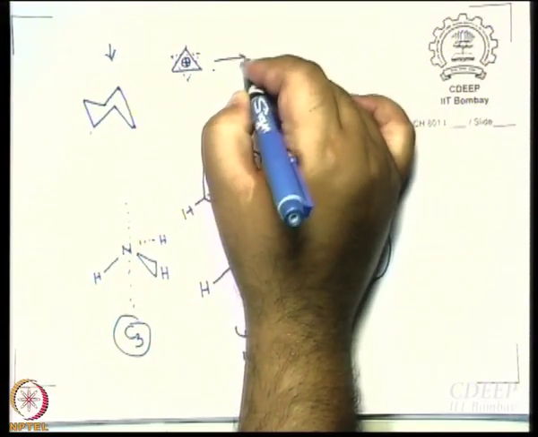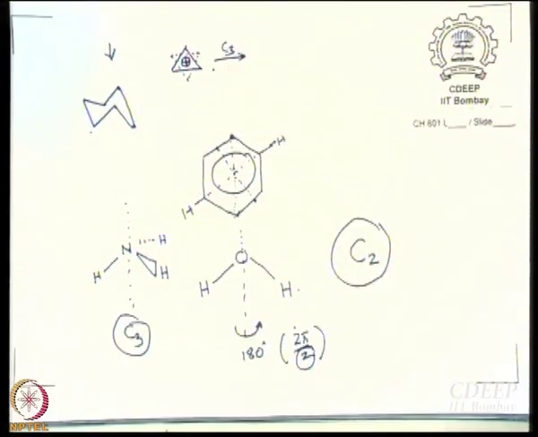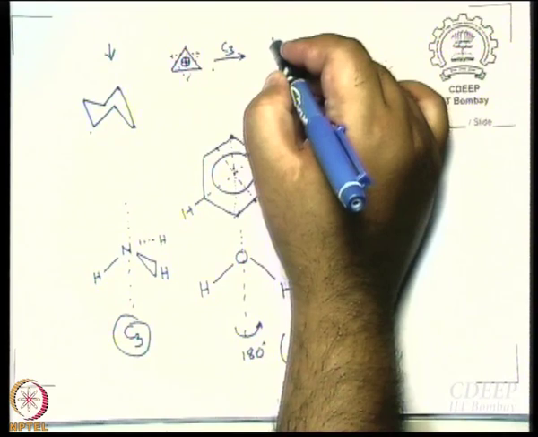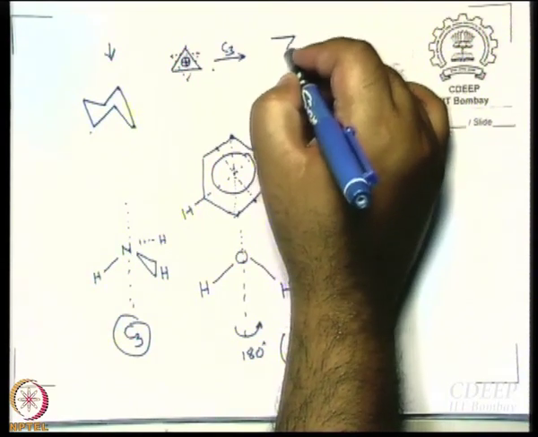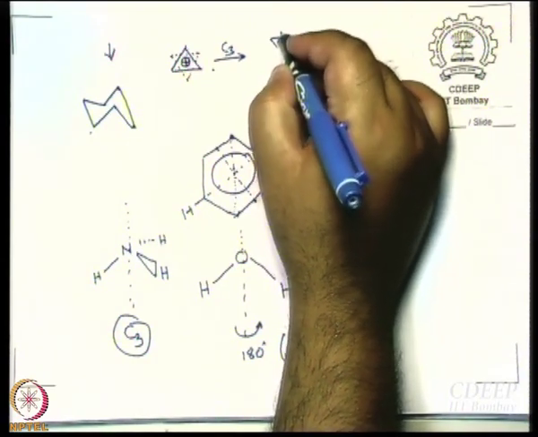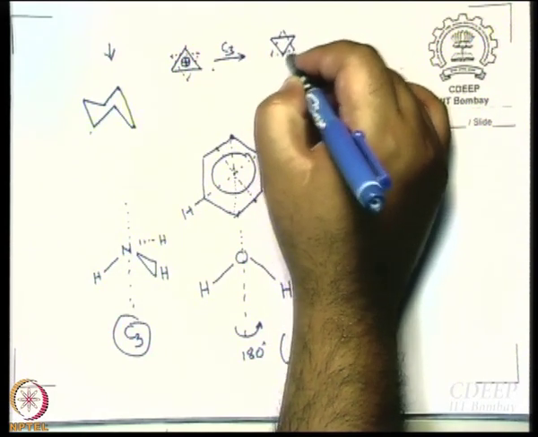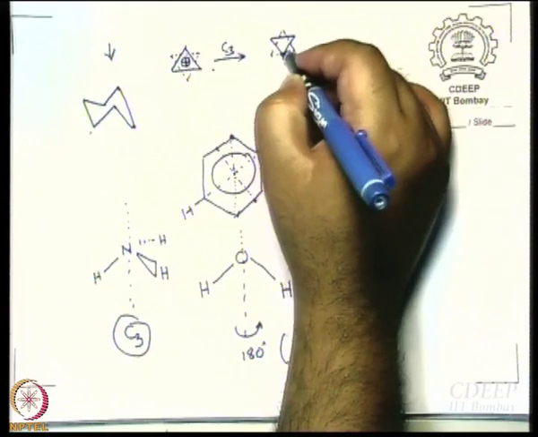So now, with respect to this axis, if I perform a C3 rotation, is that big enough for you? The letter is big enough for you? Okay, good. If I perform a C3 rotation, then what will I get? I'll get something like this. Pardon my bad artistic skills.